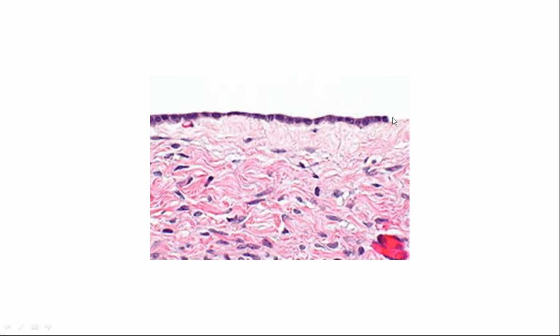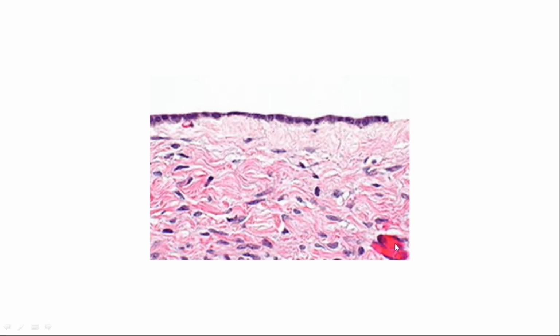And this is the lining epithelium. See, these are cuboidal cells. You can appreciate them very well. These are non-ciliated cuboidal cells. So this is the lining epithelium of the cyst wall, and this is the underlying stroma, which contains mainly spindle-shaped fibroblasts. So the underlying stroma is fibroblastic, and the lining epithelium is cuboidal.